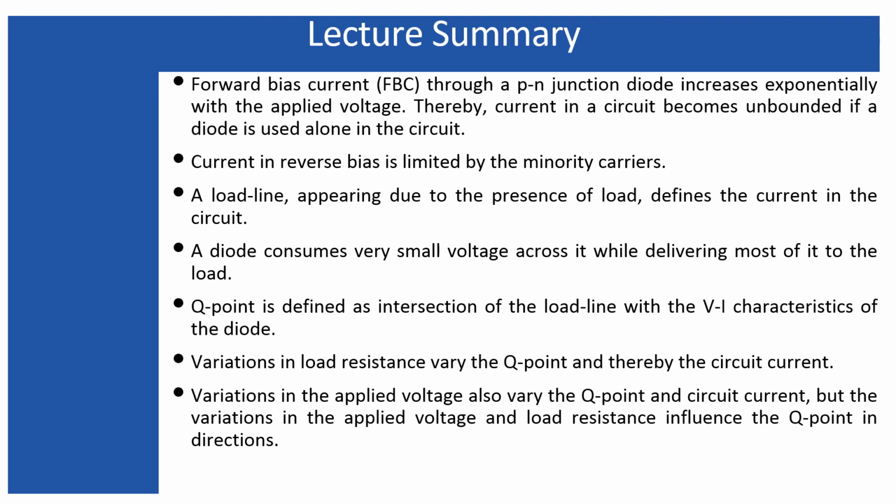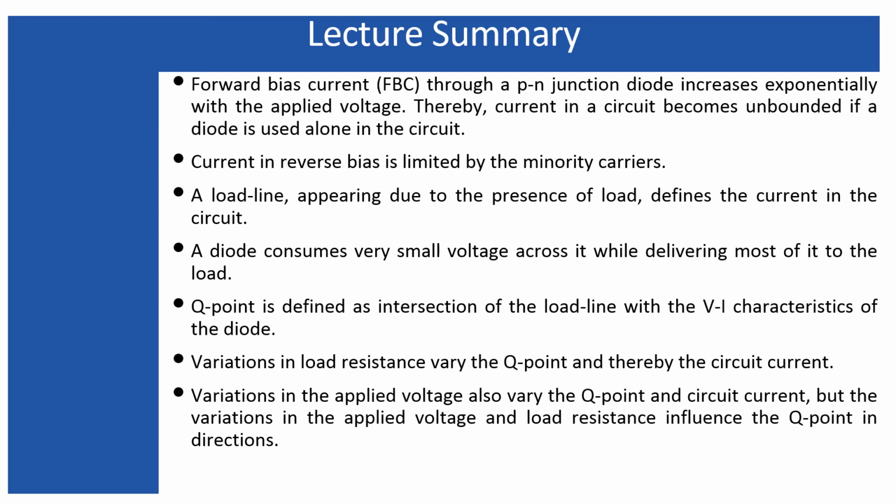Second thing is that if we use an AC signal instead of a DC signal, we have seen that the load line will also vary according to the AC signal, and it varies between two extreme values of the AC signal. And if we use the AC signal along with a DC signal, we can choose where to vary the AC signal.